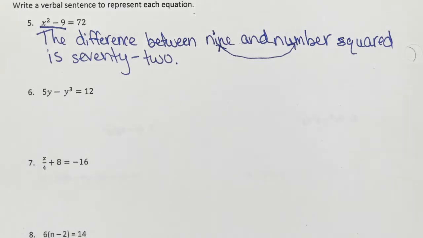Let's look at number 6. Ooh, number 6. What do you see? What do you want to do? Well, let's do it in chunks. What do you want to do first? 5 times the number squared. Okay. And what else would you say after that?